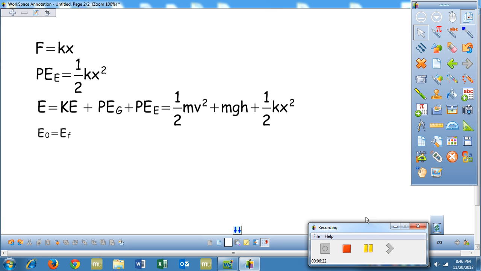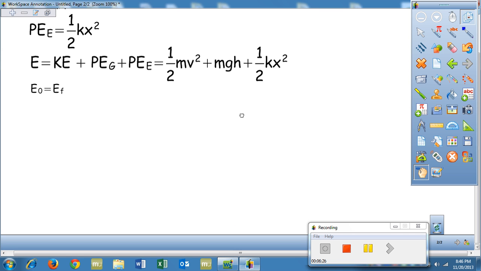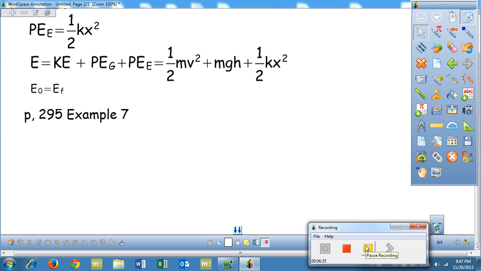Okay, so let's try to use this information to actually solve a problem. Hold on, let me pull this thing up, because what we really just need is this much. Okay, so let's go to page 295, example 7. Figure 1018 shows an object of mass m equals 0.200 kilograms.